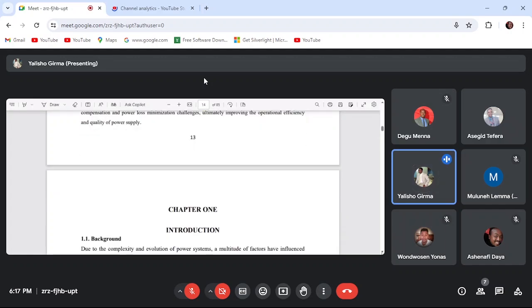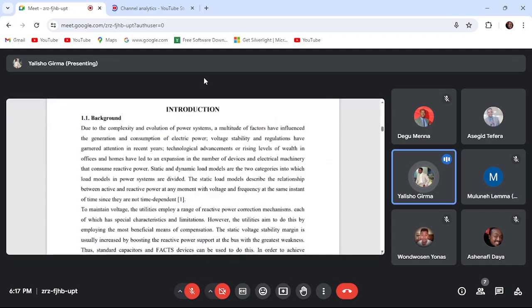So my important question also, you can respond, okay? Because of time pressure, you can respond. What is the existing voltage control or regulation strategy implemented in Wolaita Sodo substation? Capacitor banks. They use capacitor banks for their reactive power.